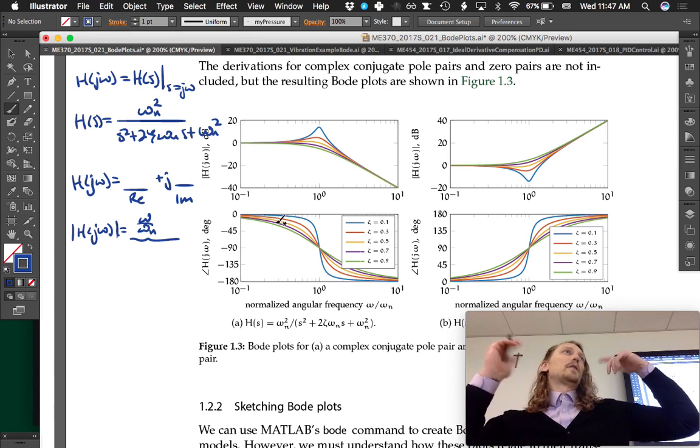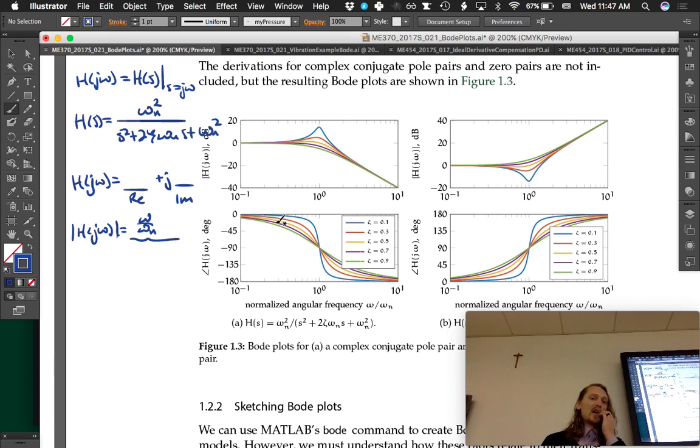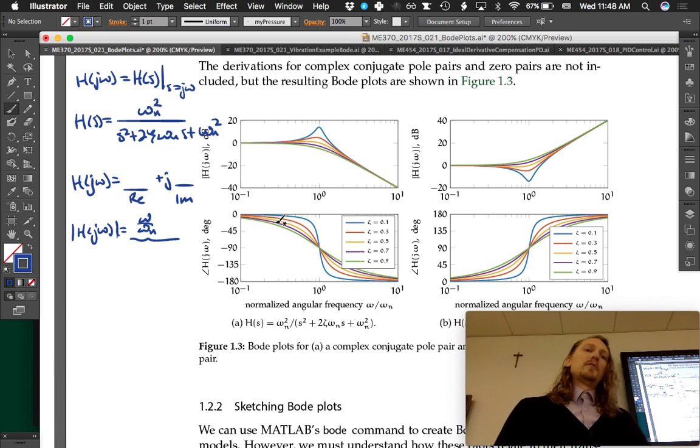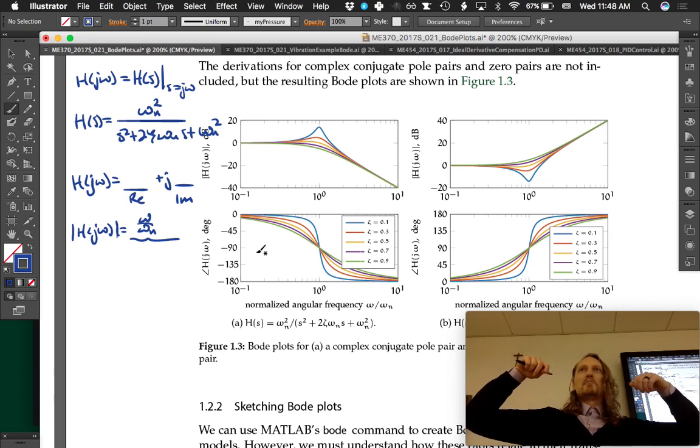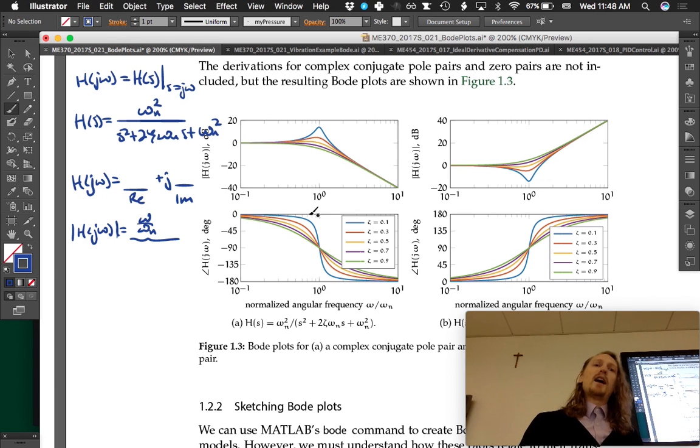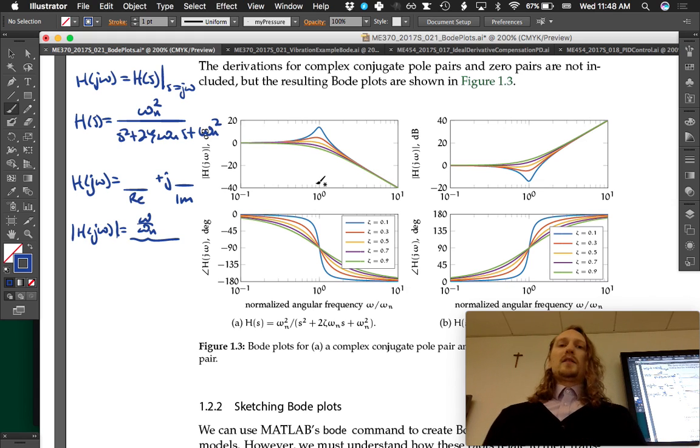So it's just like the first order real zero or real pole situation, where at low frequencies, the magnitudes of the output and the input are the same, and the phases are the same. But as you start to get to higher frequencies, you go up to really high frequency, notice that the magnitude is dropping off at, so we'll look at, what is the slope that it drops off at?